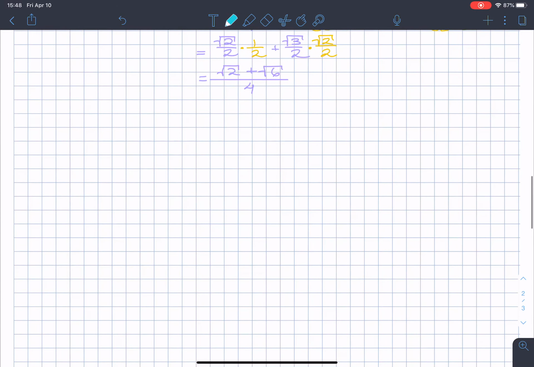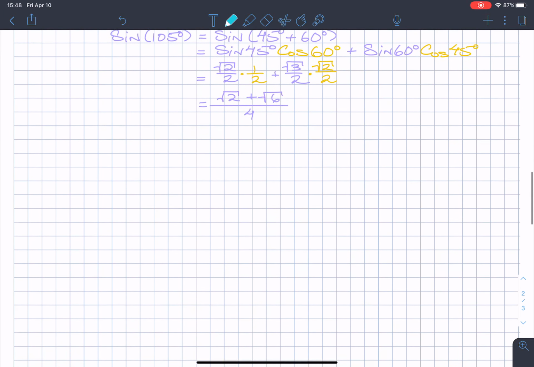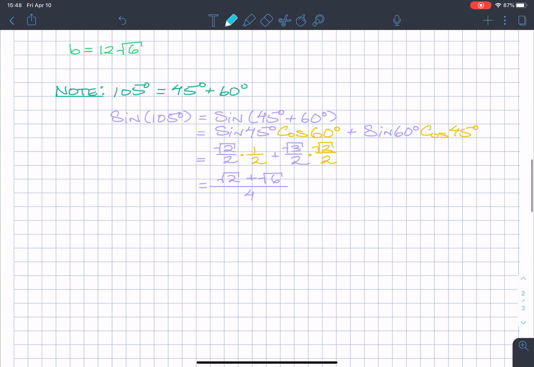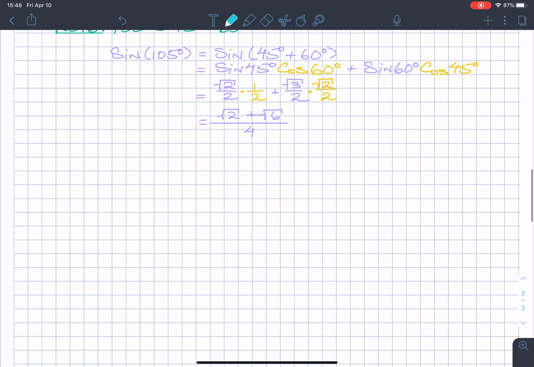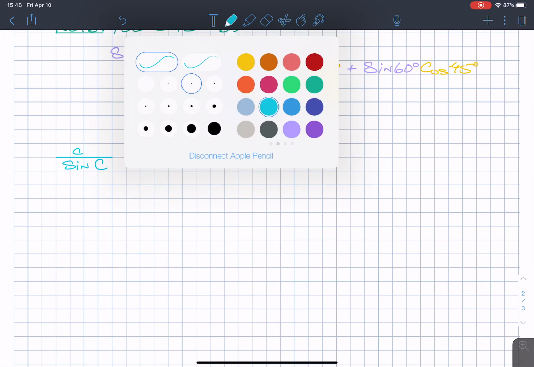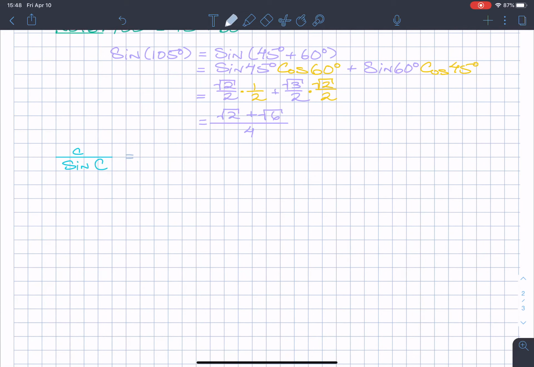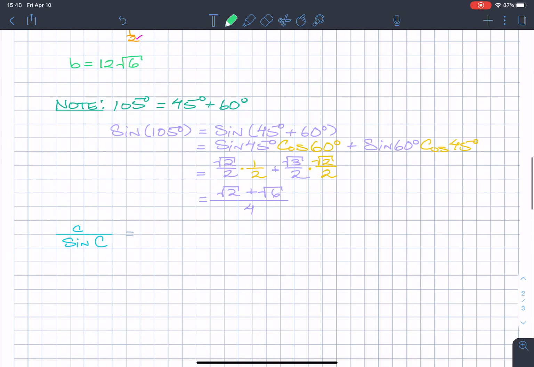Okay, so now going back, what do I want to find? Little side C. Little side C divided by sine of capital C will be equal to, let's use little side A again, what color was A? It was orange, okay.